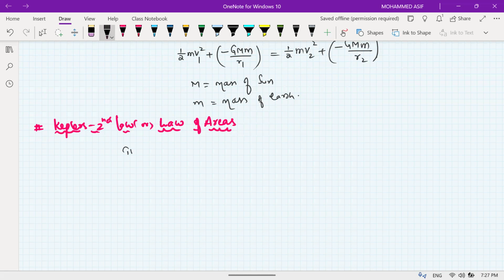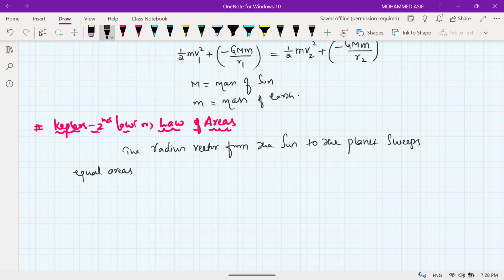So can I state the condition here? The radius vector from the sun to the planet sweeps equal areas in equal intervals of time.